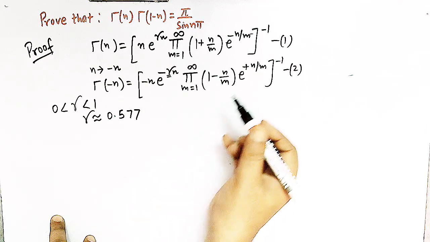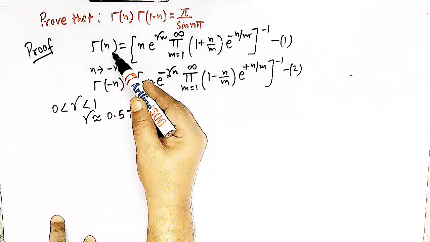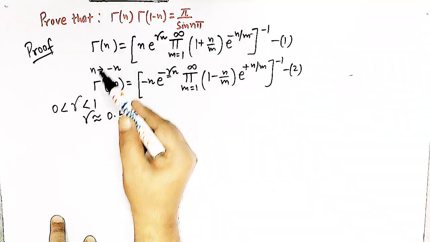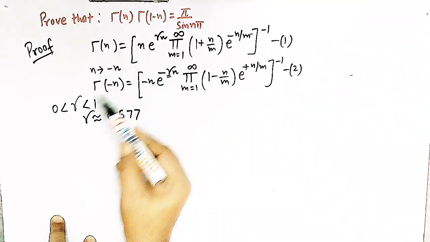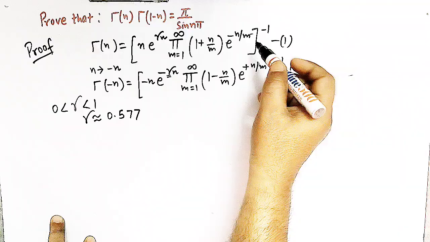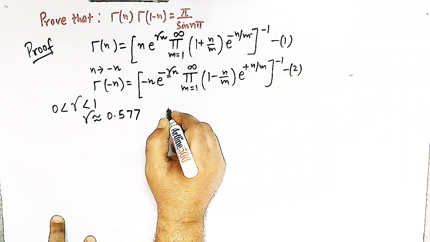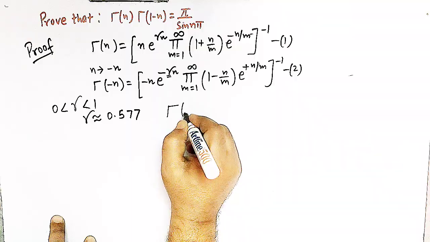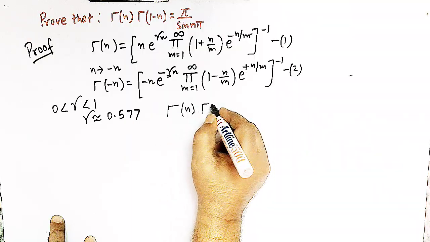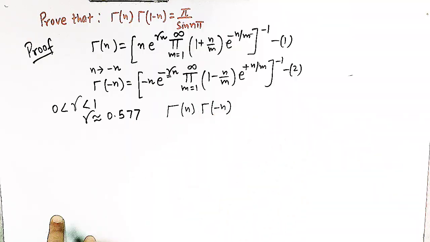So now let us find out the product of Γ(n) and Γ(−n). So let us multiply these two equations, right, to get this product.